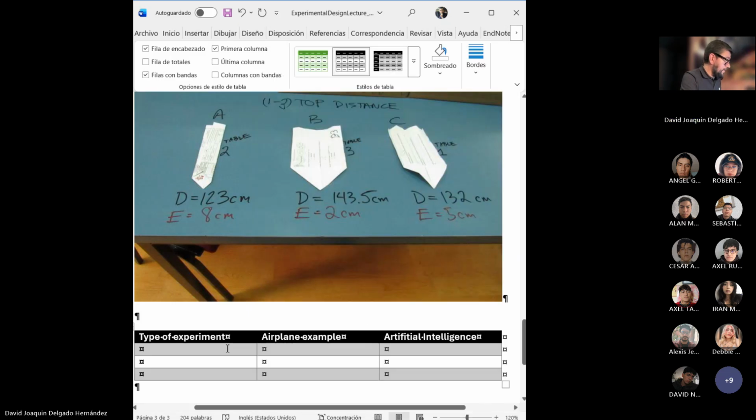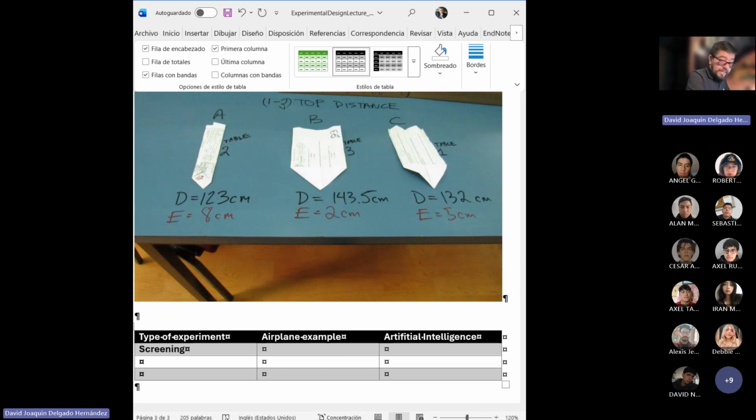Okay. So in the screening, as I said earlier on, the question would be, does wing size matter? So is it important the size of the wing? That will be the question.